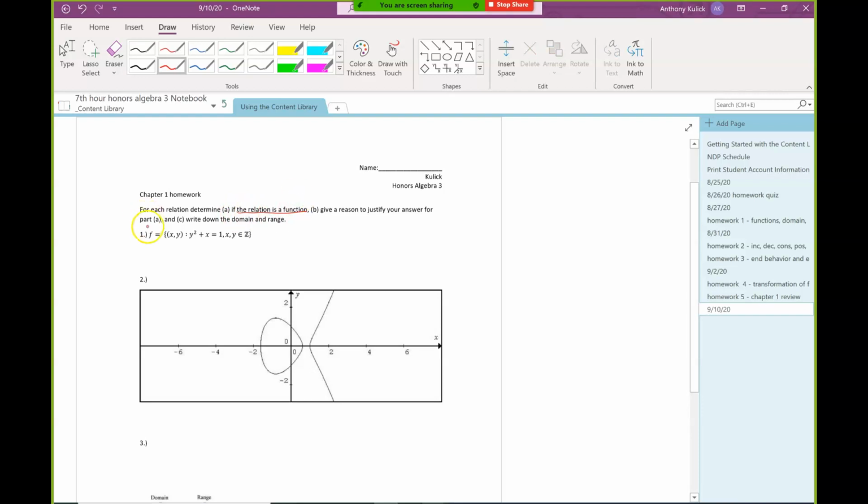Okay? So I'm going to concentrate on this rule and see if I can come up with one x that gives me two different values for y. Okay with that? The easiest thing would be to start by rearranging this so I get the y by itself.